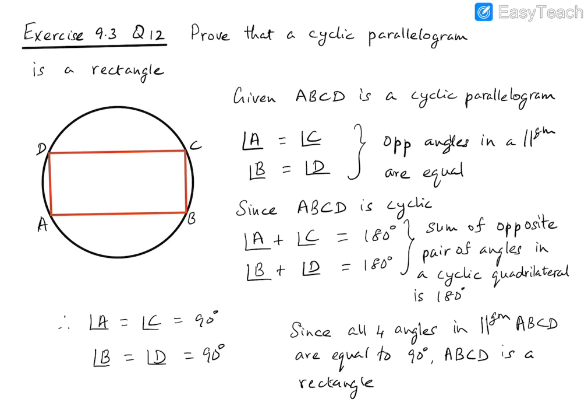And we know that a rectangle is a parallelogram in which all the four angles are 90 degrees. So we have shown that all the four angles of this particular parallelogram ABCD are equal to 90 degrees, and therefore that parallelogram ABCD is indeed a rectangle. So we have shown that a cyclic parallelogram is a rectangle.